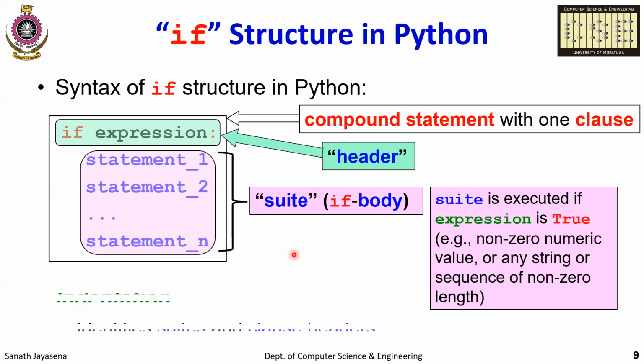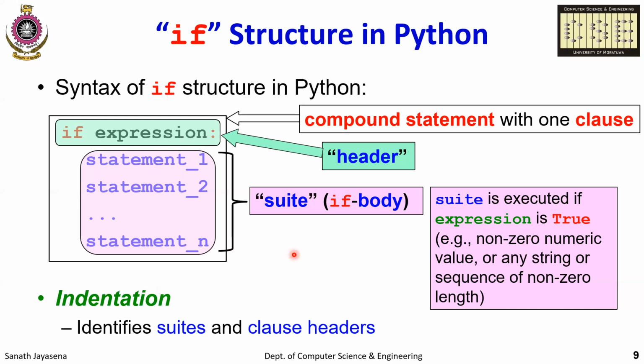And very important to see: up to this point in our discussions, we have just listed the statements in our Python programs one after the other in a straight manner, without what is known as indentation. Here's the first time we come across indentation. What is indentation?